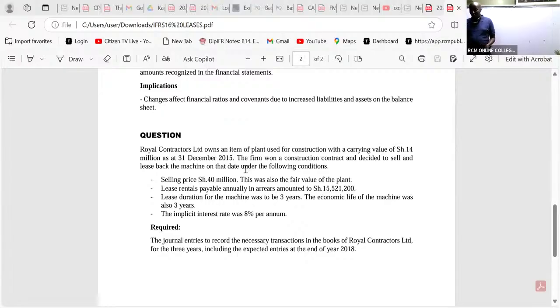The selling price is 40 million. This was also the fair value of the plant. Lease rentals payable annually in arrears amounted to 15,521,200. Lease duration for the machine is 3 years. The economic life of the machine was also 3 years. The implicit interest rate was 8% per annum.